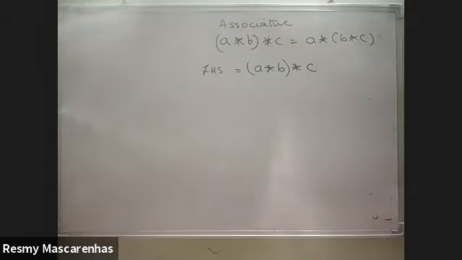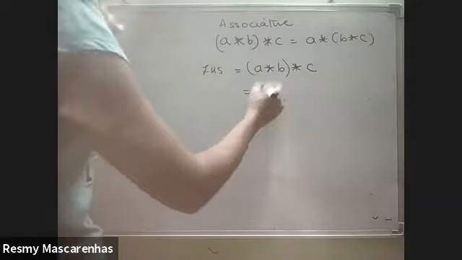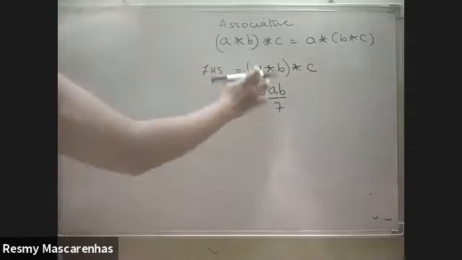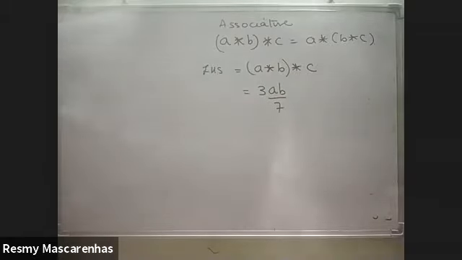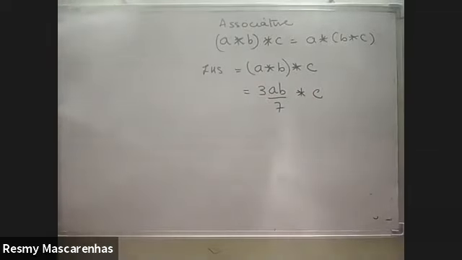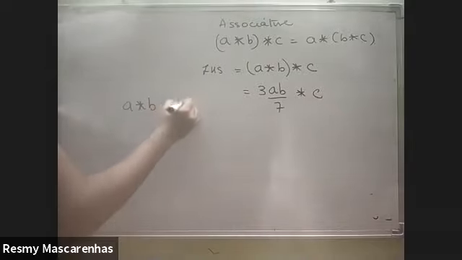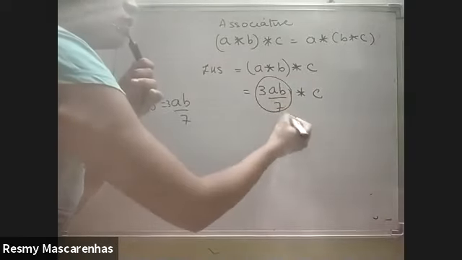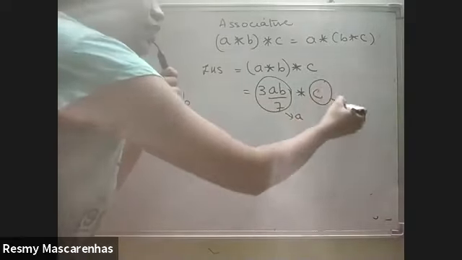A star B is already given to you. So A star B is 3 times first into second upon 7. Now see here, this is like A now, and this is like B now.